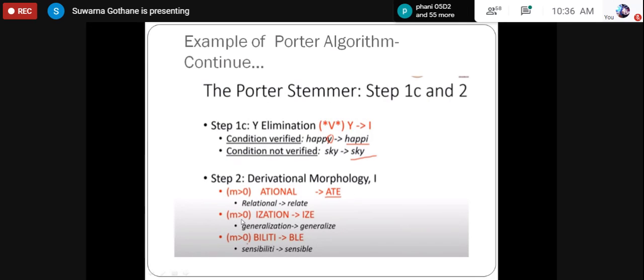Again, if M is greater than 0, IZATION becomes IZE for a particular word, suppose generalization, specialization. So ZATION is eliminated and it becomes IZE. So generalize.